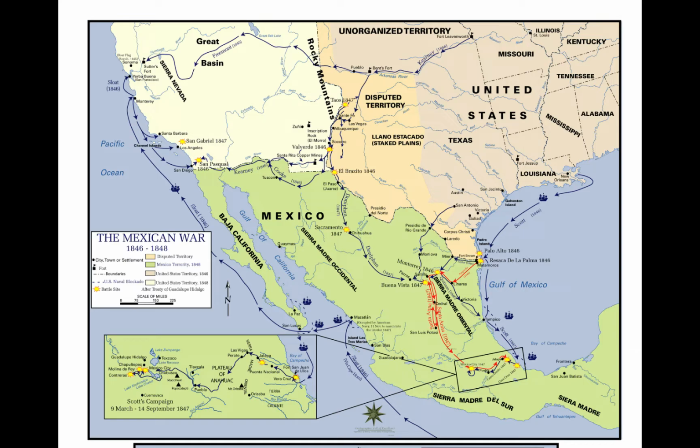That obscure congressman's name was Abraham Lincoln. This was the first thing that brought him to national prominence. He got the nickname Spotty Lincoln as a result. And so you have in the United States now a war for expansion becoming a divisive issue over slavery.